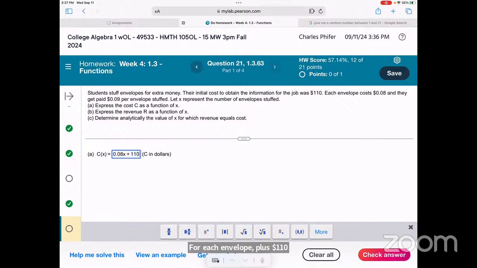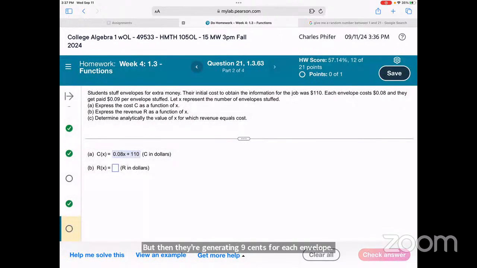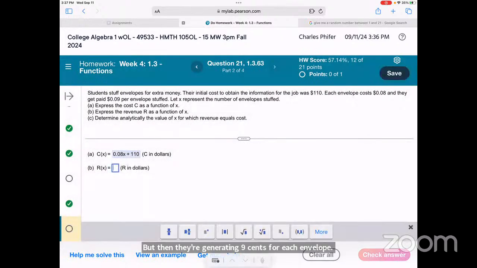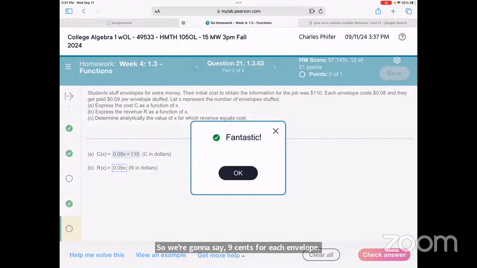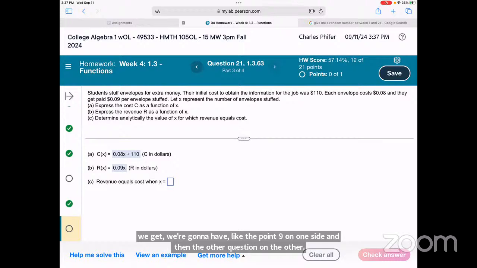But then they're generating 9 cents for each envelope. So we're going to say 9 cents for each envelope. Okay. So then the revenue equals the cost. If we set these two equations equal to each other, we're going to have the 0.09x on one side and the other equation on the other. We can subtract the 0.08x from both sides.